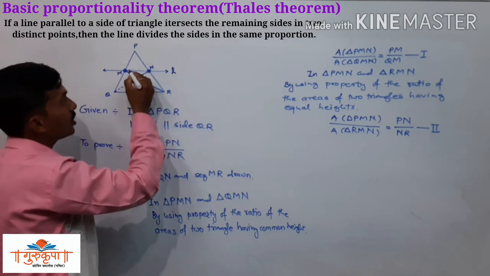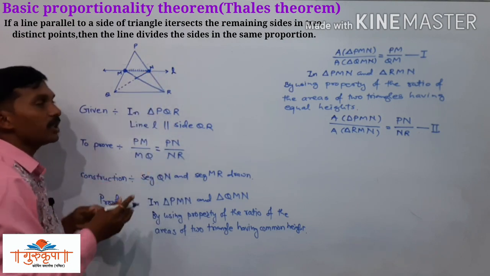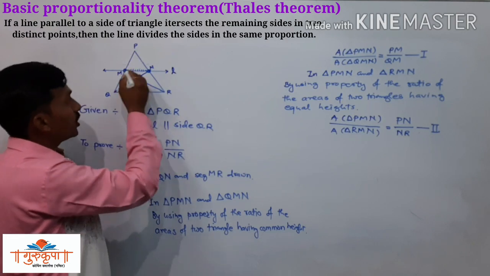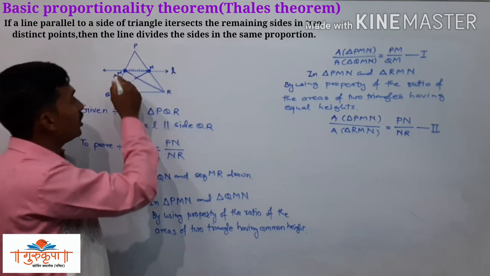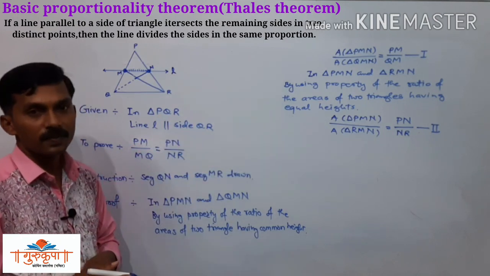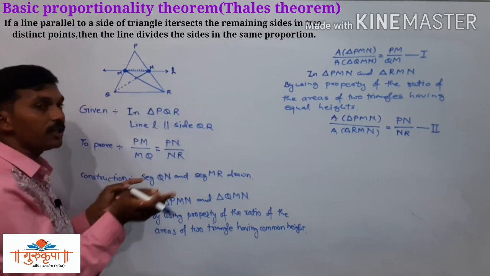See, both the triangles have MN as a common side, or you can say common base. MN is the common side between QMN and RMN. This is the base of both the triangles and it is equal.